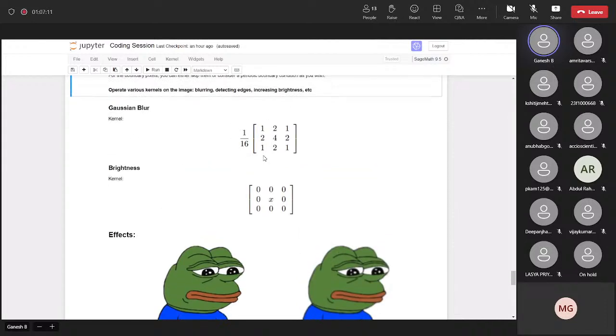And why does this particular kernel do that? You can try to think of it as, see, what this thing does is it reduces the neighboring values' effects, and it increases the contrast of the pixel that you're dealing with. So what this essentially does is it brings you out of focus.